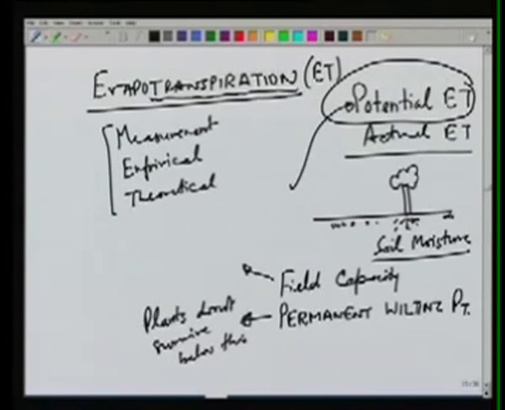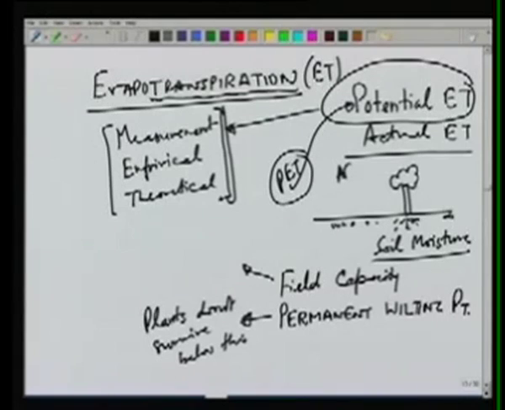So potential evapotranspiration is the one which we can estimate using these methods. Actual evapotranspiration will depend on the field conditions. So we will look at some of the methods of estimating the PET. And the actual evapotranspiration AET when compared with PET will decide on whether plants are able to get enough water or not.